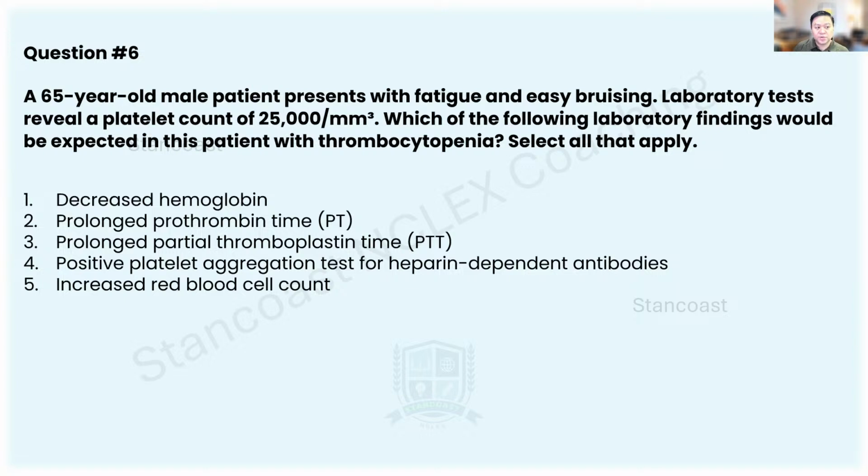Is it 1, decreased hemoglobin, 2, prolonged prothrombin time, 3, prolonged partial thromboplastin time, 4, positive platelet aggregation test for heparin-dependent antibodies, and 5, increased red blood cell count? So we are going to look for those lab findings that would be expected in a patient with thrombocytopenia.